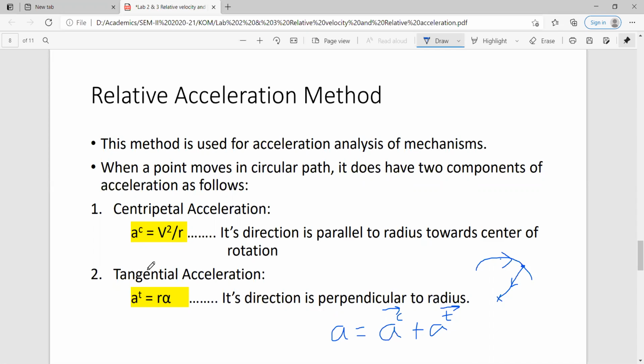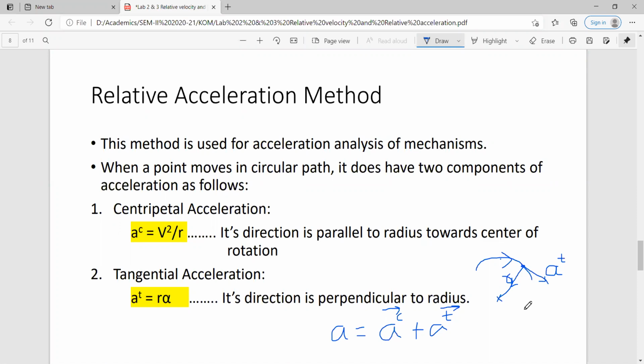What about the tangential acceleration? Tangential acceleration acts perpendicular to the radius. Okay, so it is your radius, say r. Perpendicular to the radius means it will act like this. This is the direction of the tangential component of acceleration.